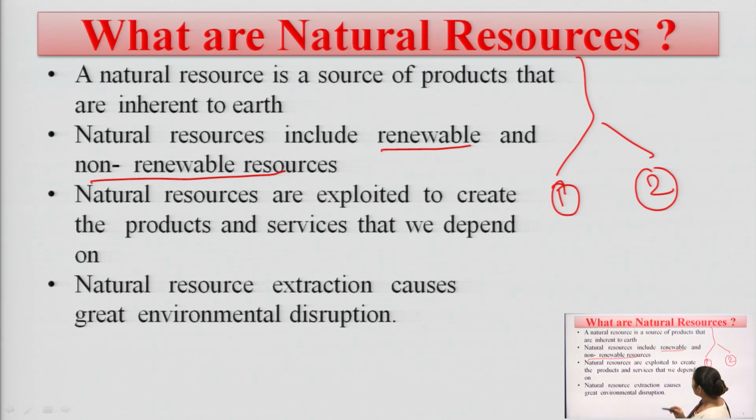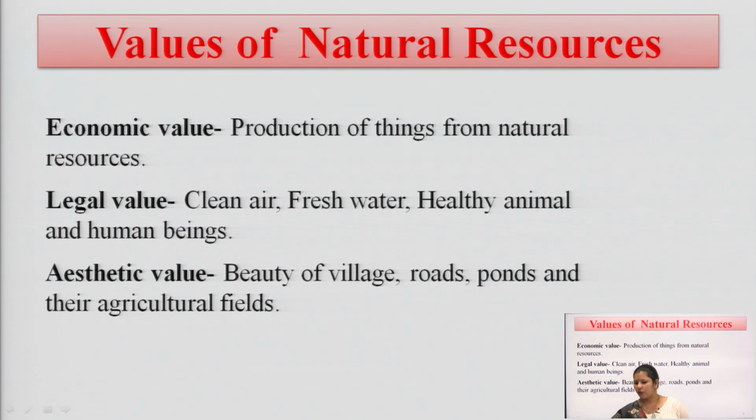Okay. Natural resource extraction causes great environmental disruptions. Means when we extract our natural resources, they will also cause disruptions in our environment. Now, here you see what the values of our natural resources are.